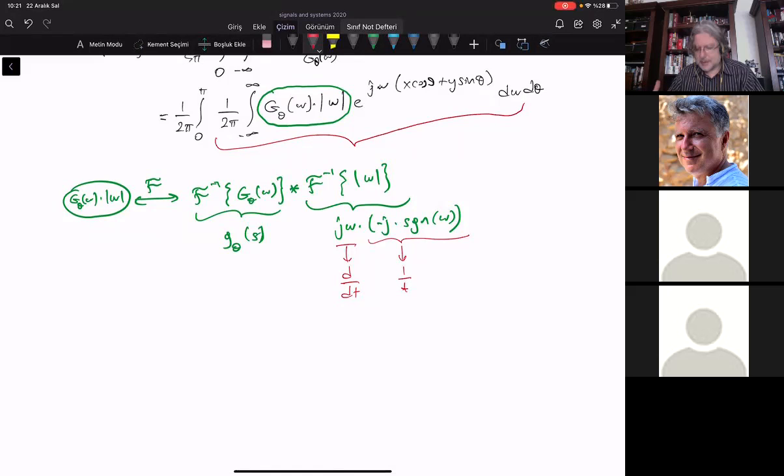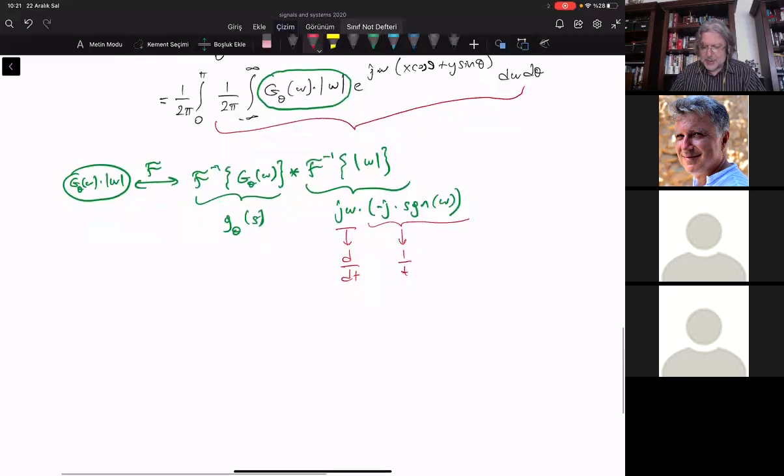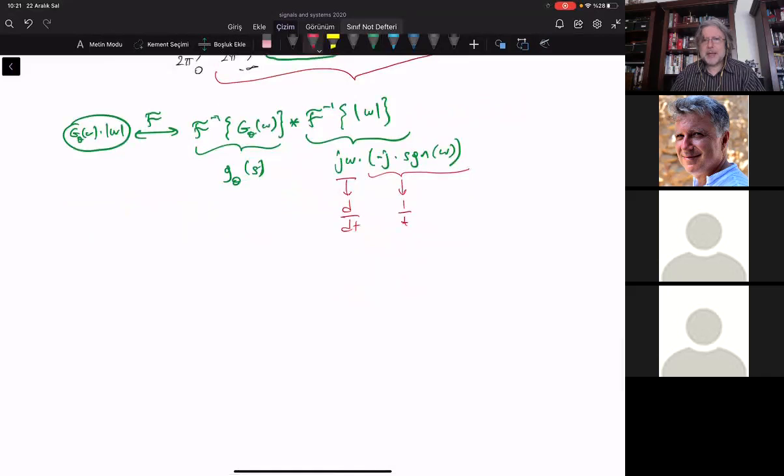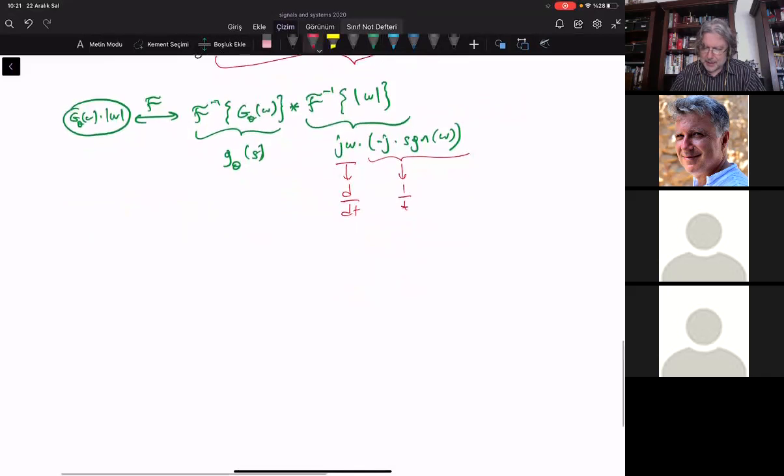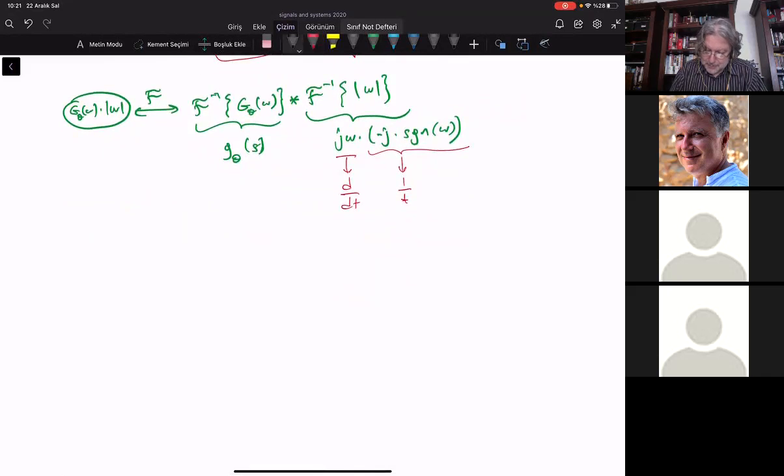And j omega's inverse Fourier transform is the d by dt operator. So this convolution, how are we going to compute it? It looks bad actually. The overall thing seems to be g theta of s convolved with d by dt of 1 over t.